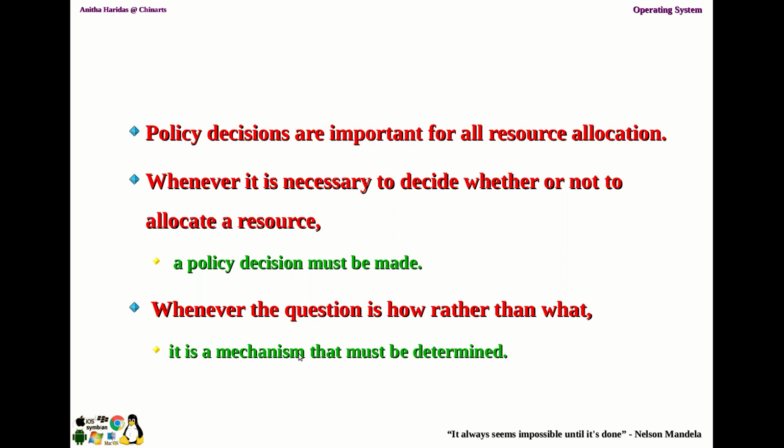I repeat, whenever there is a simultaneous request coming in, the policy will decide to whom the resource is allocated, whereas once the decision is taken, how the resource is allocated will be done by the mechanism.